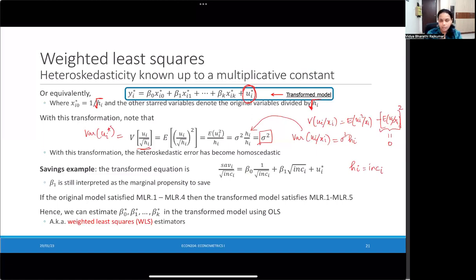So what has WLS helped us do? It's allowed us to transform the model such that the error terms have constant variance. And this is called the weighted least squares method. Essentially, you're weighting your errors by some particular function, which helps you get homoscedastic errors in the end.